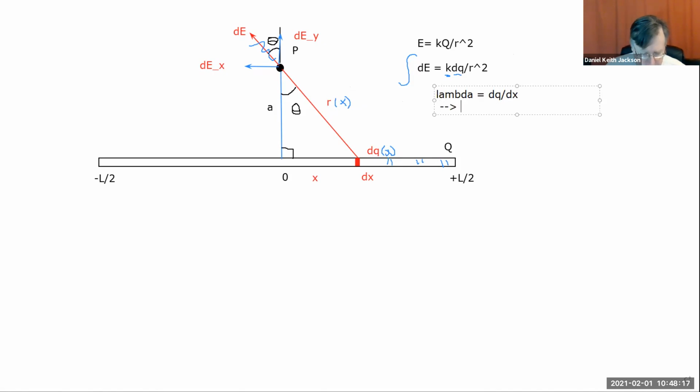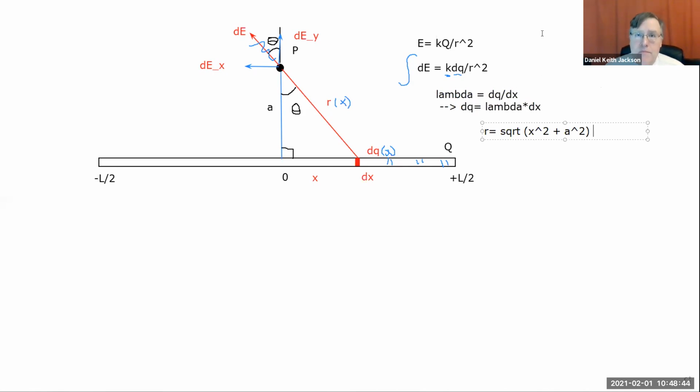Therefore, dQ is equal to lambda times dx. So dQ gives me my variable of integration dx. I have R is equal to the square root of x squared plus a squared. So I've now converted R into a function of X.